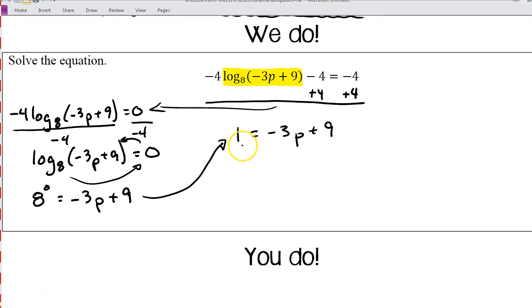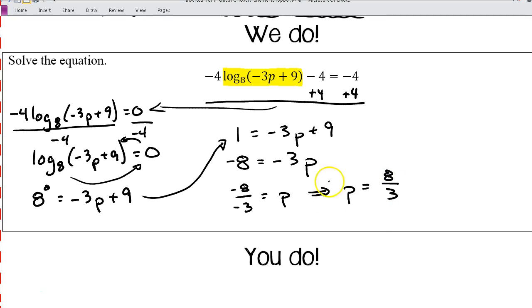Then I'll subtract 9 from both sides, so I get negative 8 is equal to negative 3p, and then lastly divide both sides by negative 3, so I get negative 8 divided by negative 3 is equal to p, which means that p is equal to 8/3. And you can always plug this in on your calculator on the left to make sure that you get negative 4.